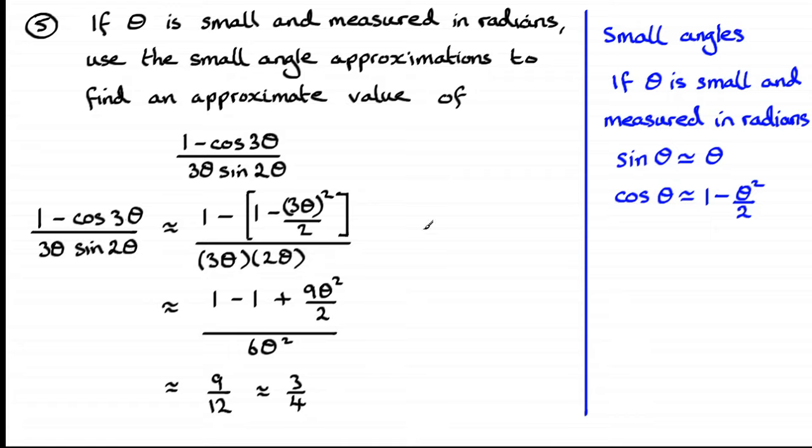The sine of 2θ, replacing the θ with 2θ, is approximately 2θ, which is what I've written there. So you just expand the brackets and you'll find the θ² cancel out. You end up with 9 over 12, the 6 with the 2. 9 over 12, reduce it down, and you get 3/4 or 0.75. So well done if you got that.